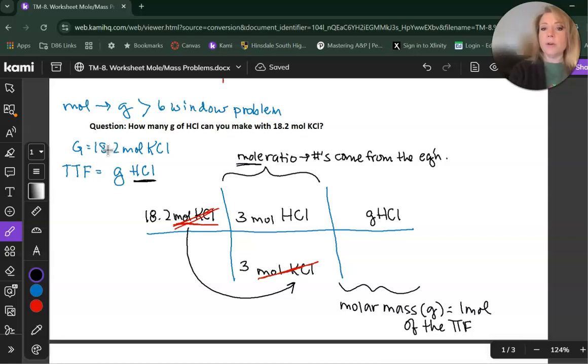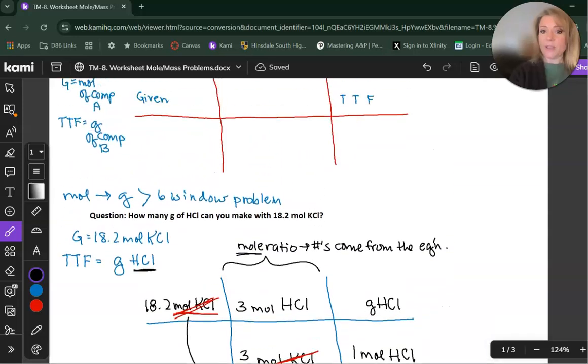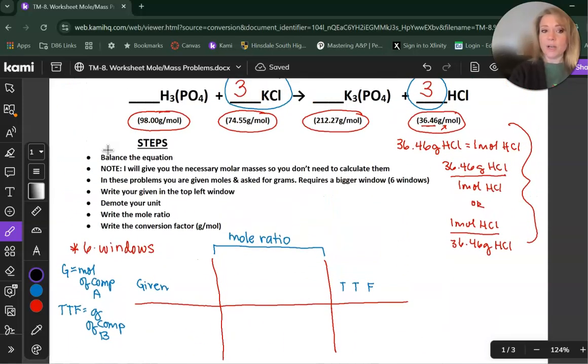Now we already know that grams of HCl have to go at the top because that's what we're trying to find. So that has to be at the top. At the bottom, we write 1 mole of HCl. And if you look back at your equation here, you'll see I already told you how many grams of HCl equals 1 mole of HCl.